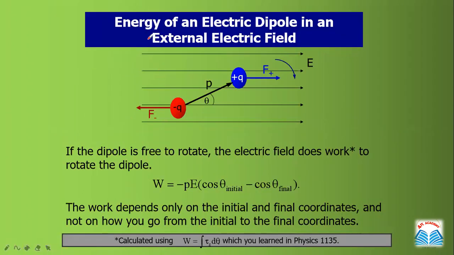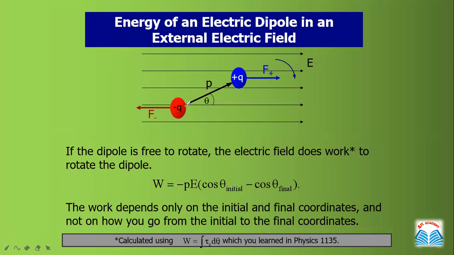Can we calculate the energy of an electric dipole situated in an external electric field? We have calculated torque, and we know that there is no net force. So next we will calculate the energy of an electric dipole in an external field. There is a torque, a type of force, which is trying to align this dipole.